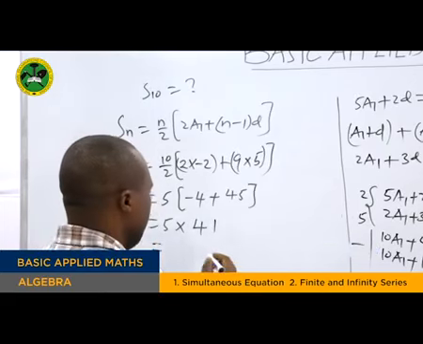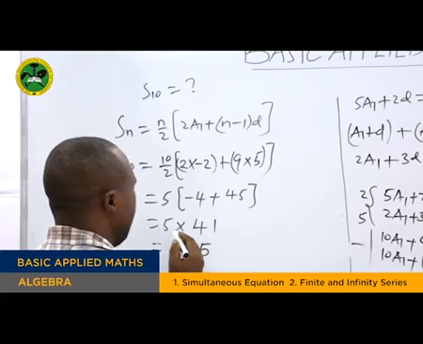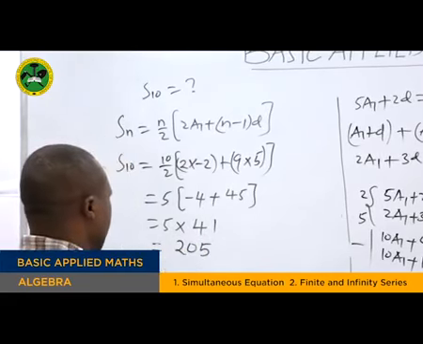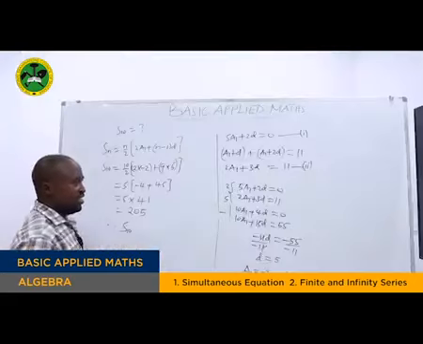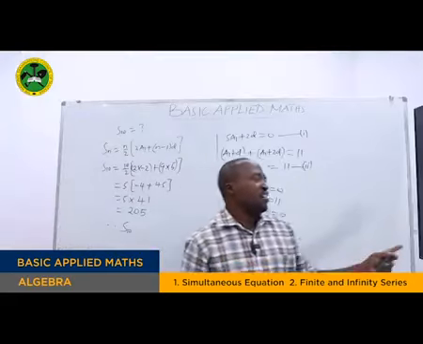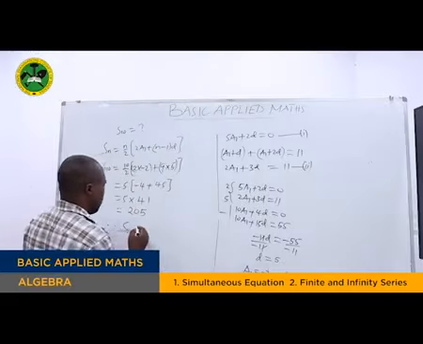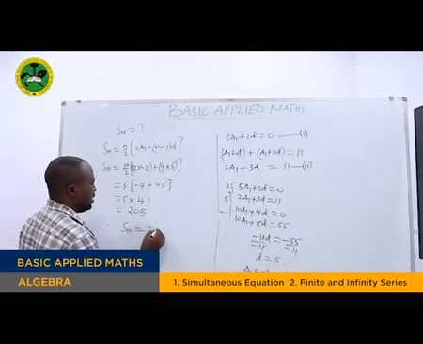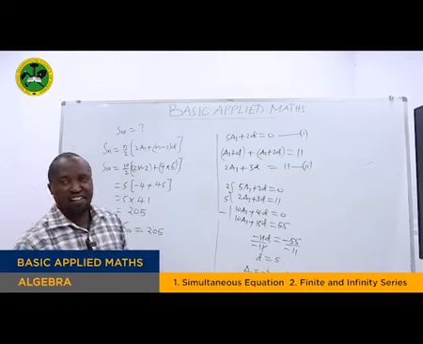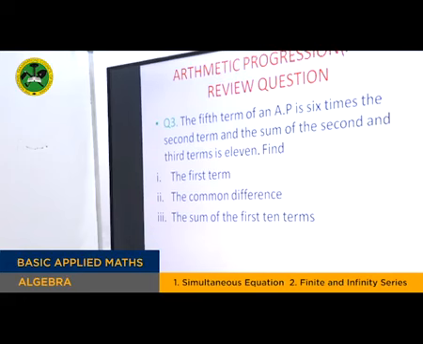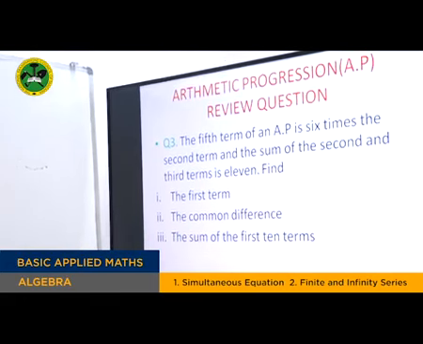That will be 5 times 4, that is 20. Therefore, S10, the sum of the first 10 terms, will be equal to 205. My dear student, that is how to do such kind of review question concerning arithmetic progression.